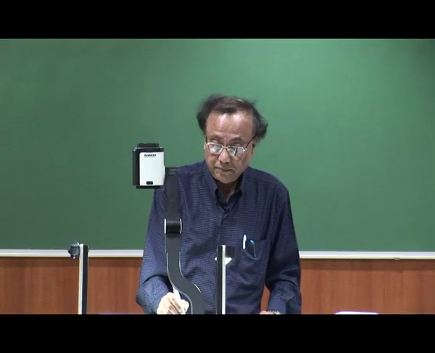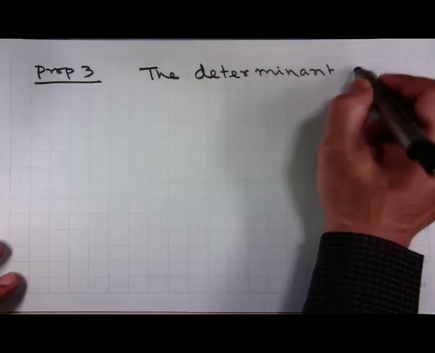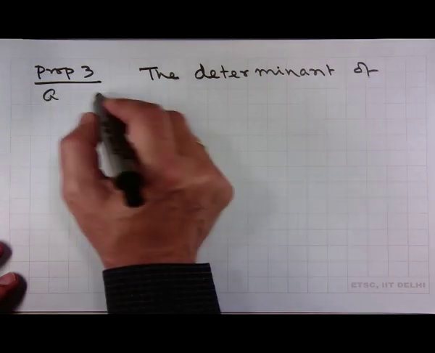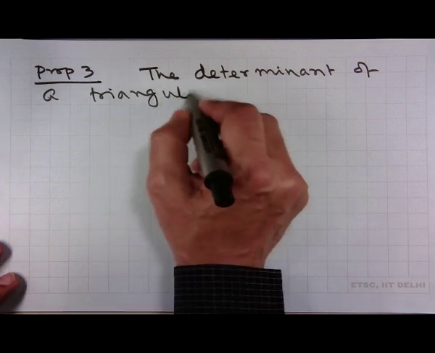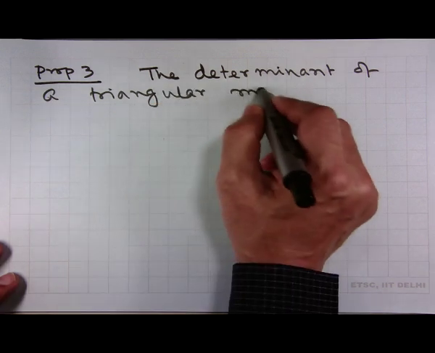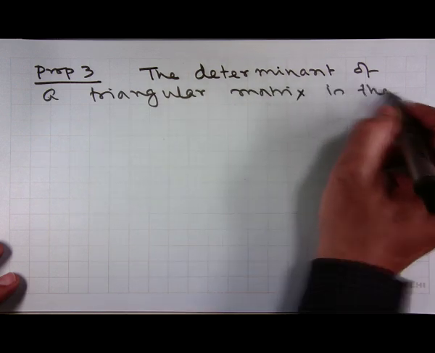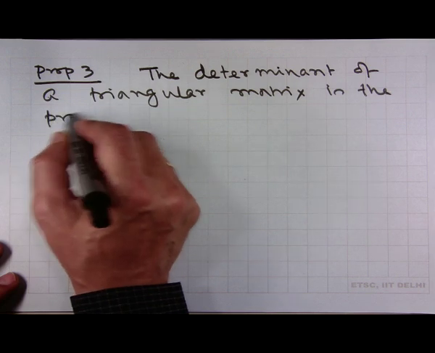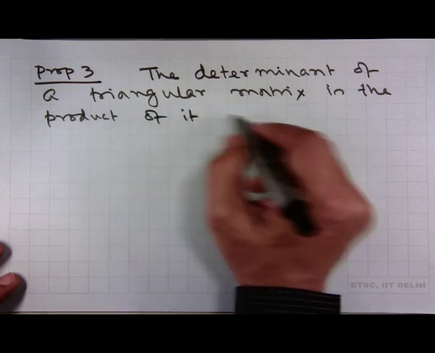Property 3, the determinant of a triangular matrix is the product of its diagonal elements.